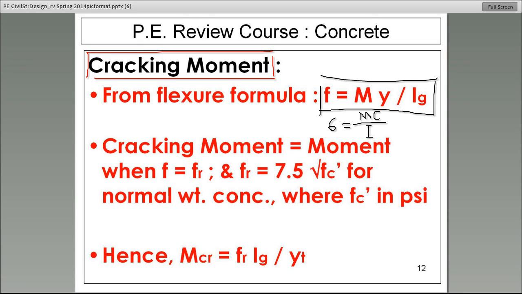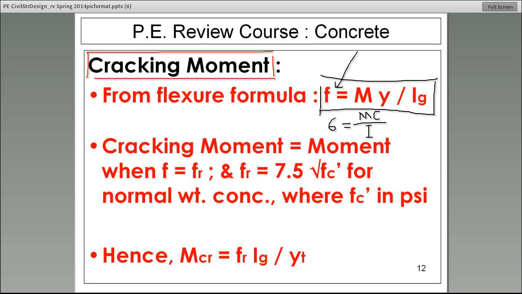This equation at the very top right is exactly the same as what we called last Thursday: sigma is equal to Mc over I. Except when it comes to concrete, we use the lowercase f for stress. All right? So that is stress.